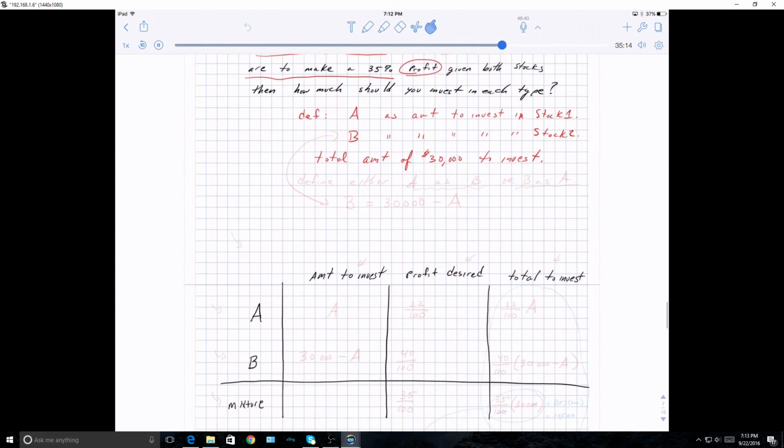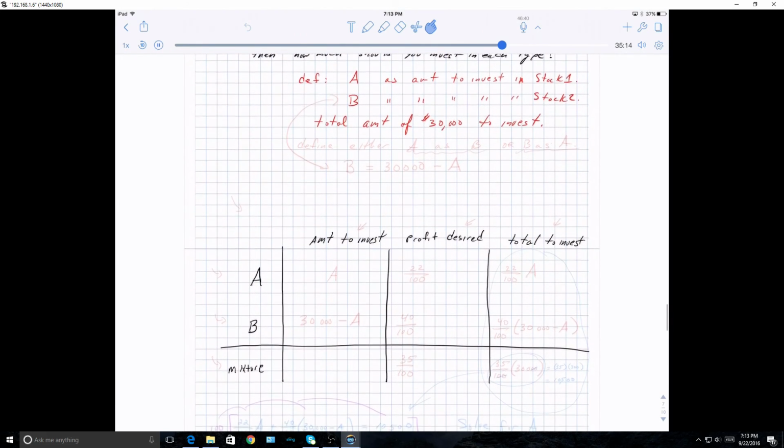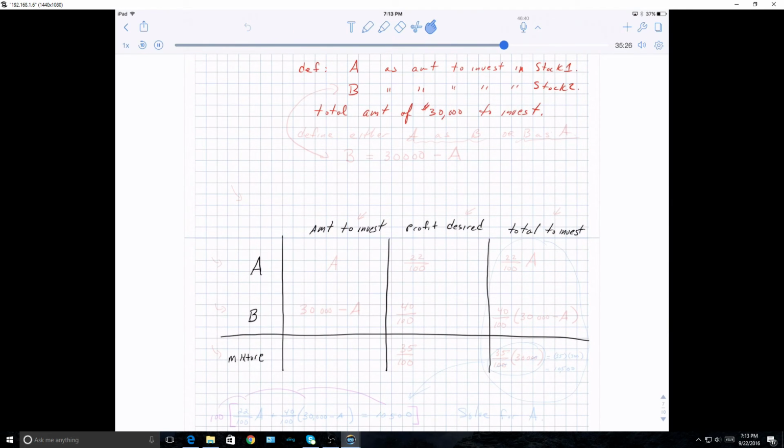So now that we have defined the variables, we should probably set up a table to help us with these, right? And we can really define one of these stocks in terms of the other. So what do we mean by that? We're going to try to define either A as B or B as A. So just like in the last example, we related two different solutions, but we related it down to one.